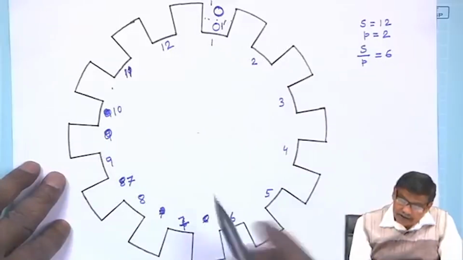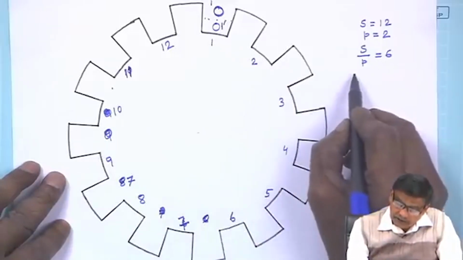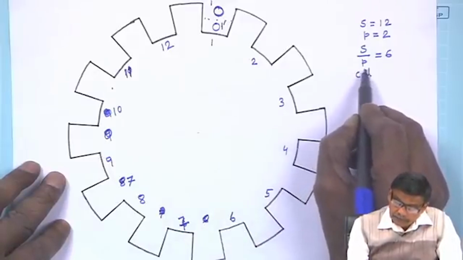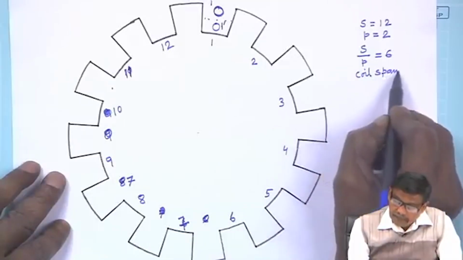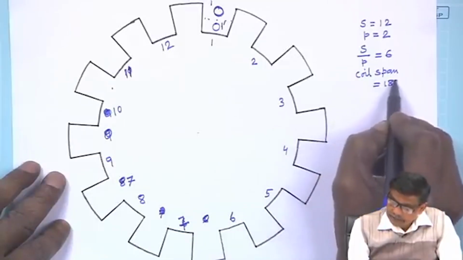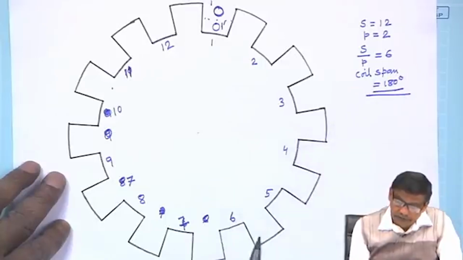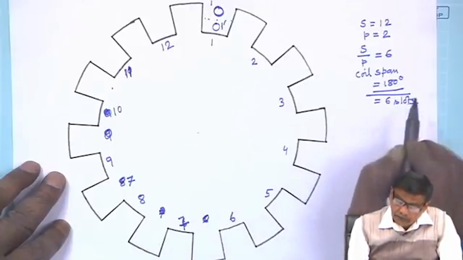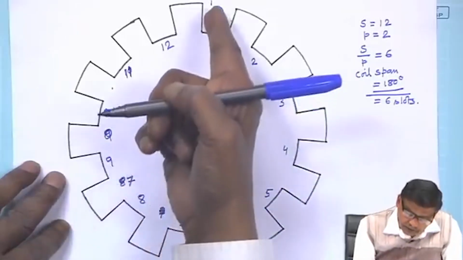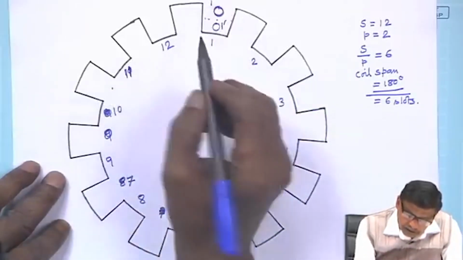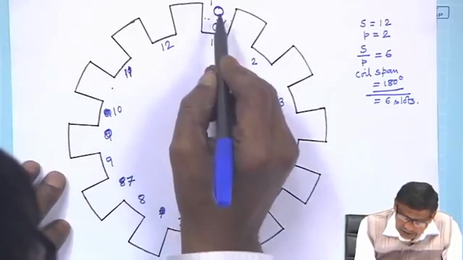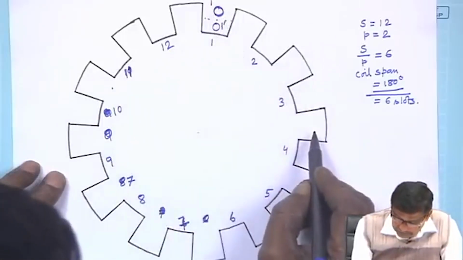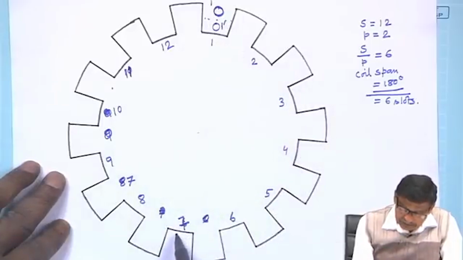Now, in my last class I told you the coil span is equal to 180 degrees, always true, which means 6 slots. Therefore, if I have started with coil 1, it will start here and its return will be in the 7th slot here, and that return I will make from the lower deck.